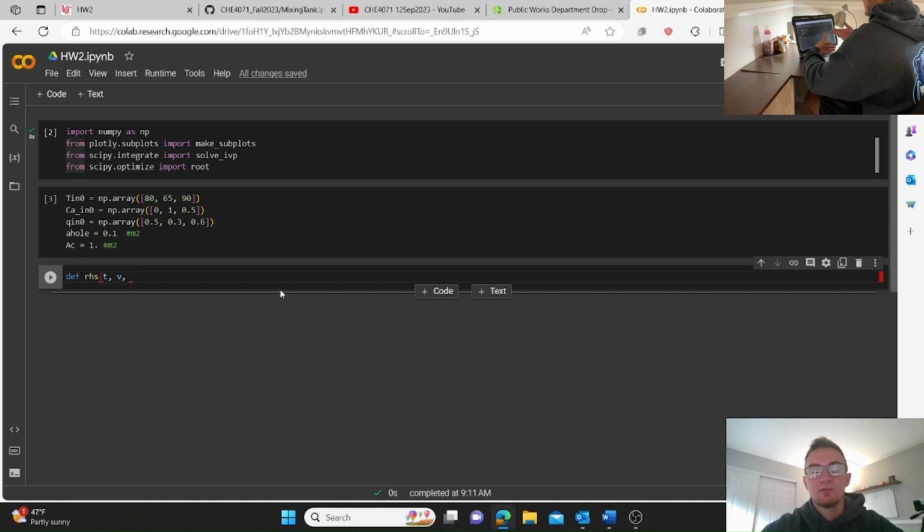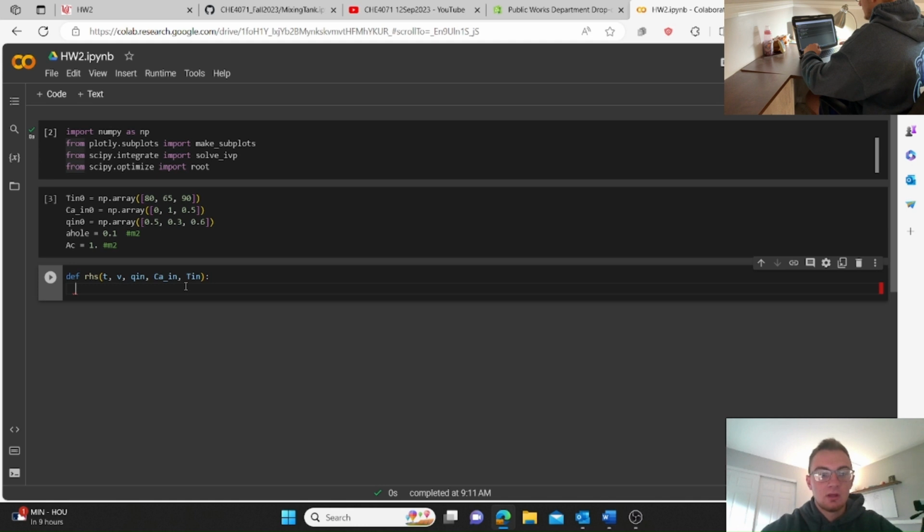We're going to have Qn, the concentration going in, and the temperature going in. I'm going to label these differently than our initial parameters for the streams coming in because these are going to change with time. So we have Qn, Can, and Tn.